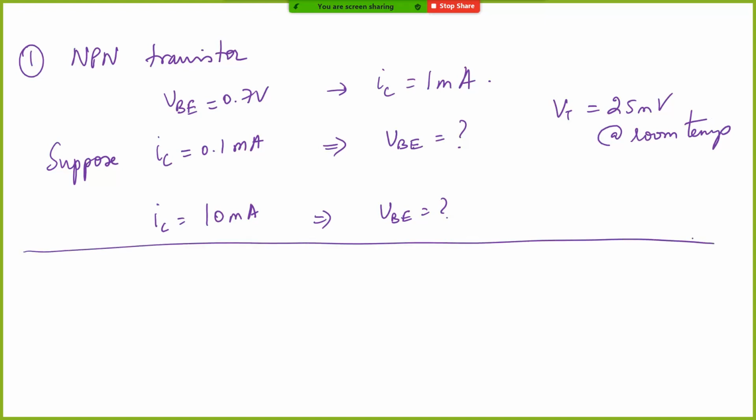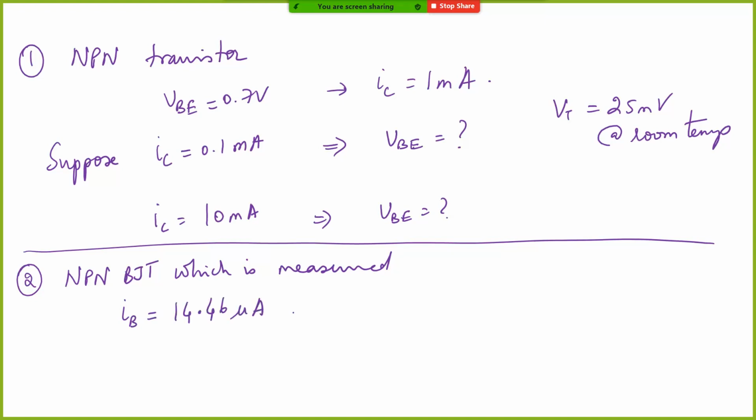Let me also give you another problem. With this, we will conclude our class. We have an NPN transistor which is measured, and the measured values are like this. The base current is 114.46 microampere.